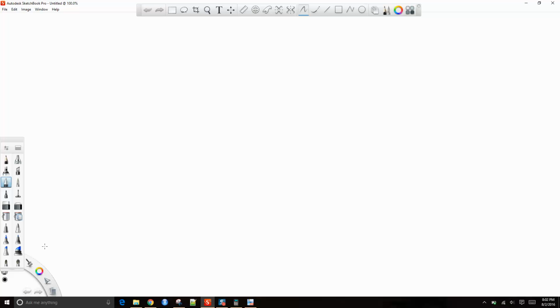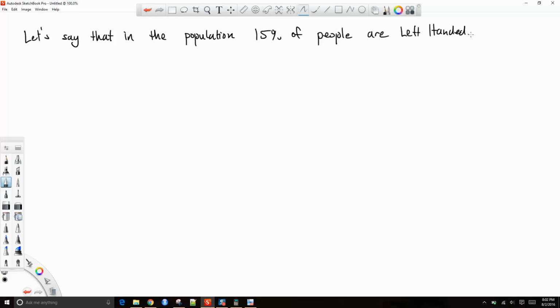Let's say that in the population, 15% of people are left-handed. We take a random sample of 200 people.